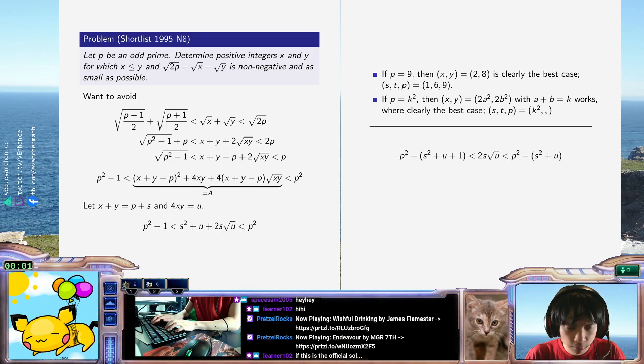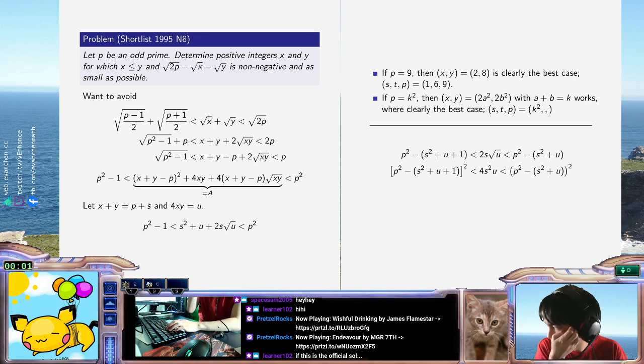Whatever. Okay, so it's between two perfect squares.